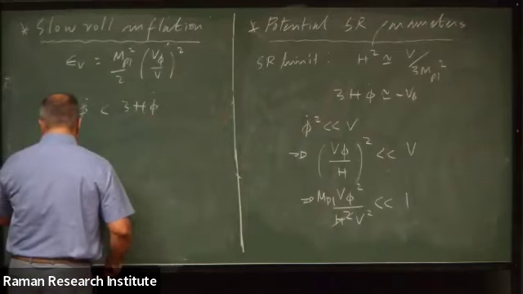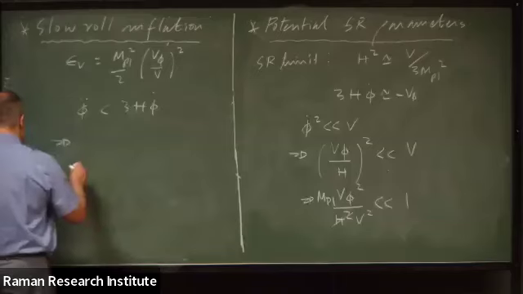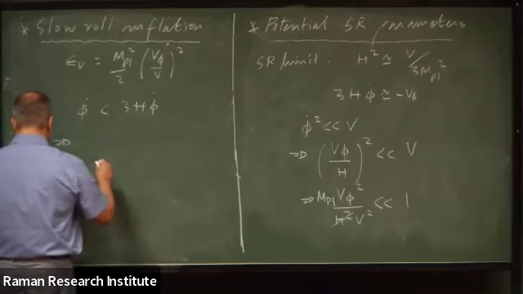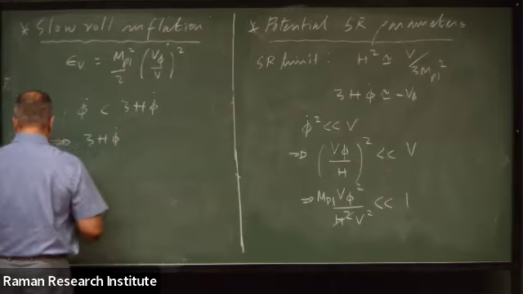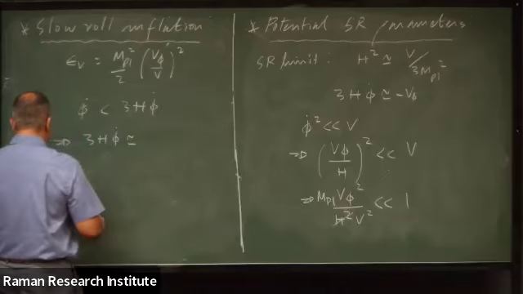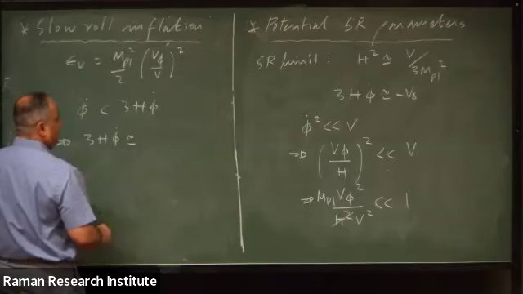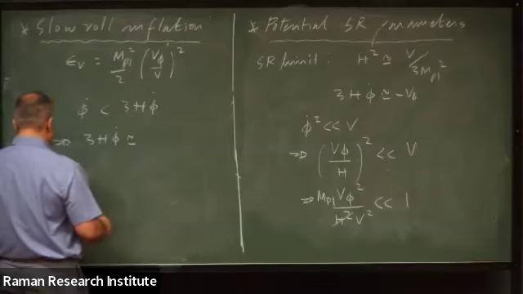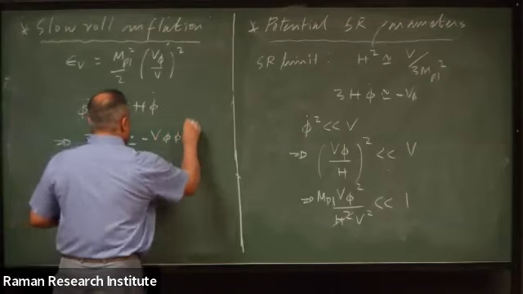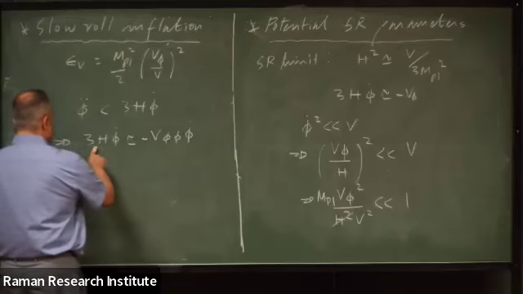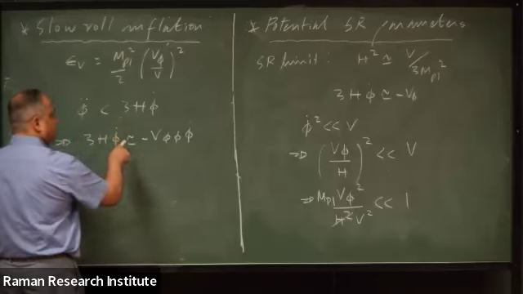Now, as H is a constant, what do I have? I use phi double dot is minus V phi.